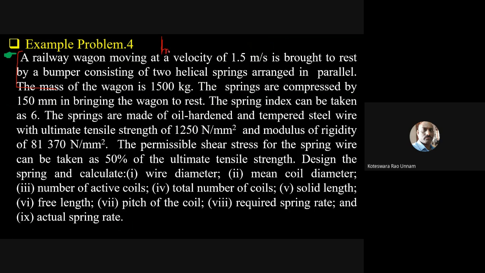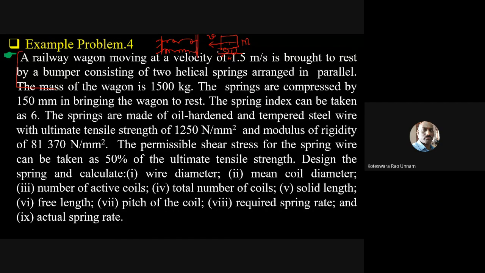I have two springs arranged in parallel; I'll show the parallel arrangement something like this. So this is a buffer. Then I have a wagon, a railway wagon, which has some mass, and it is moving with a velocity v and comes and hits this wall.